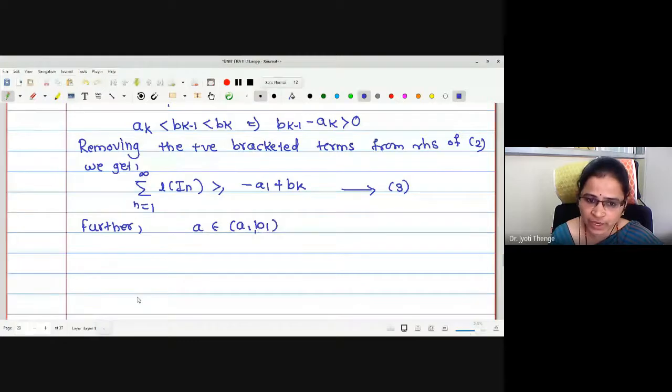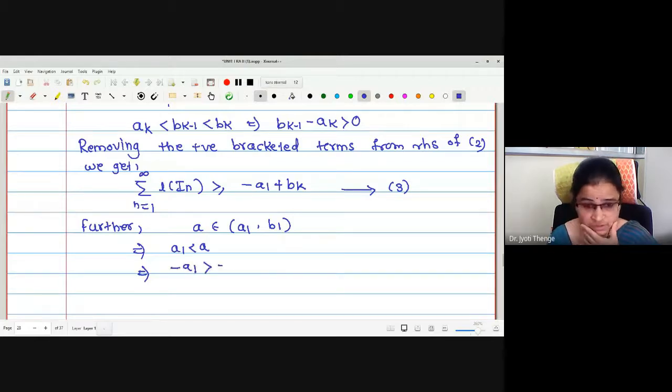Further, what we know: A belongs to the open interval A1, B1, right? So we say A1 is less than A. A belongs to A1, B1, therefore A1 is less than A. What does it imply if I take the negative on both sides?